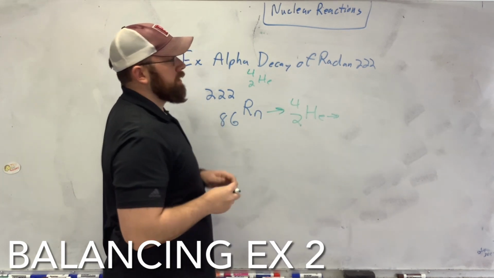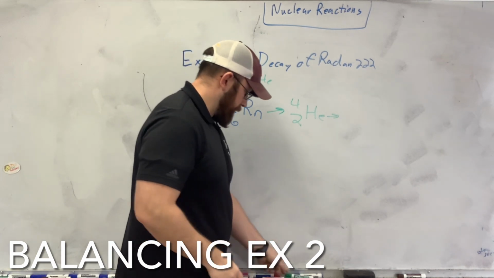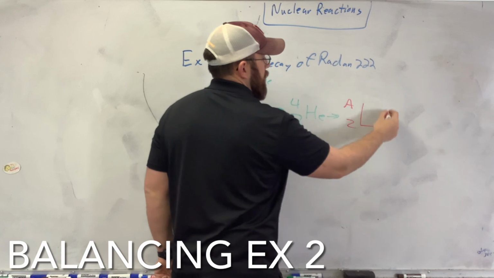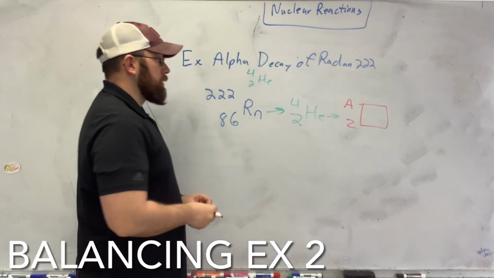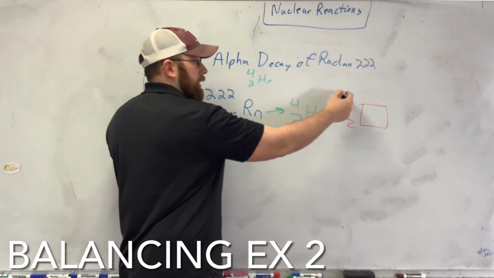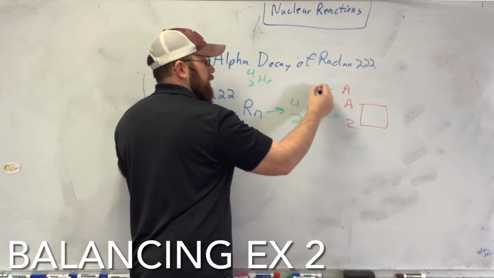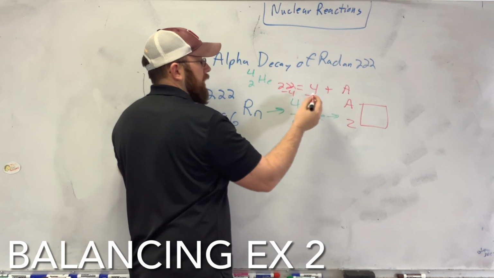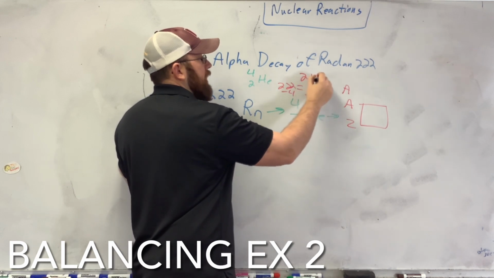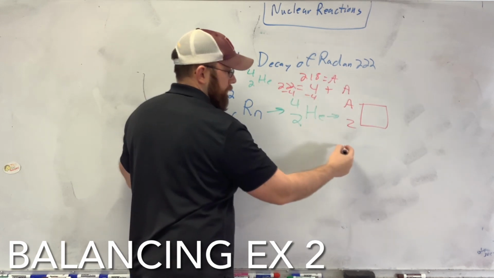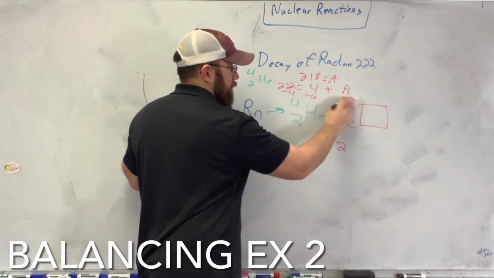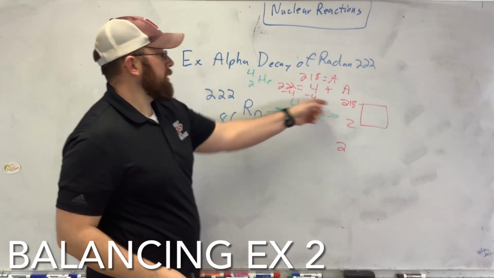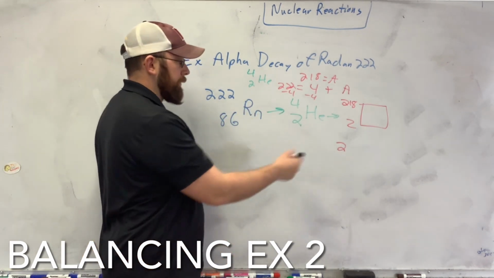So what do we start with over here? A, Z, and our box. So I'm just going to keep with this equation thing. So A plus 4 has got to equal 222. Subtract 4 from both sides, and I get 218 equals A. So 218 plus 4 does equal 222.